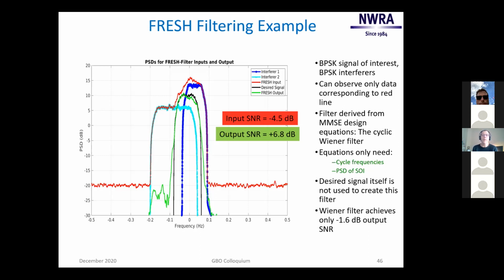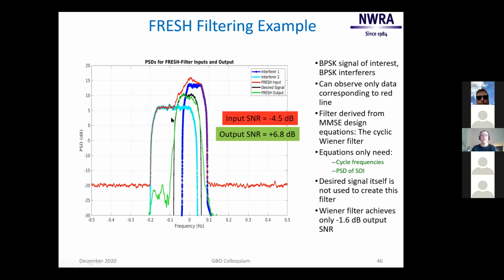And why can we do this? It has to do with spectral correlation. So hopefully you can see my mouse. For this cyan BPSK signal, some spectral components over here are correlated with spectral components here. So if I can use a spectral component over here, which is not in band with my signal, to cancel the correlated component over here, I've reduced the interference inside the bandwidth of my signal. So it's that kind of idea.